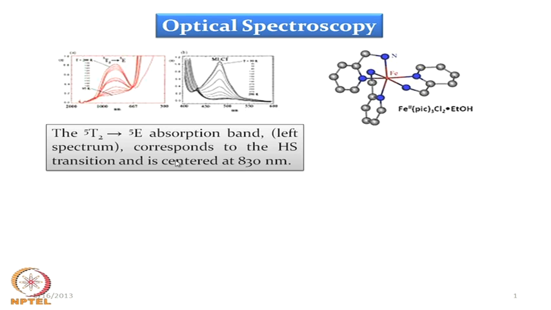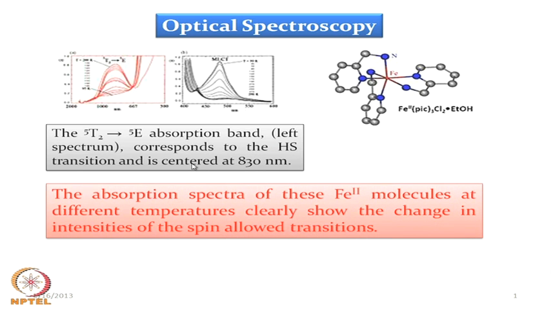So, we should be able to characterize the compound as a high spin compound only, and in this temperature range one band is diminishing and another is increasing. That immediately tells us that this high spin compound is not stable with this temperature change, and can be transformed to the corresponding low spin variety with the change in temperature.